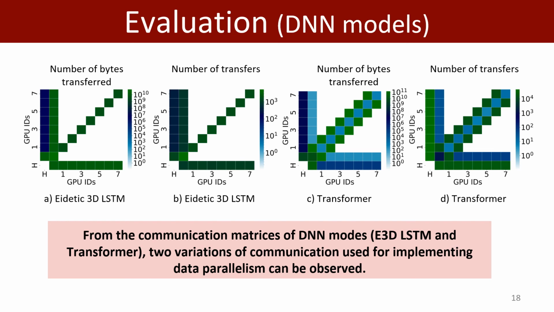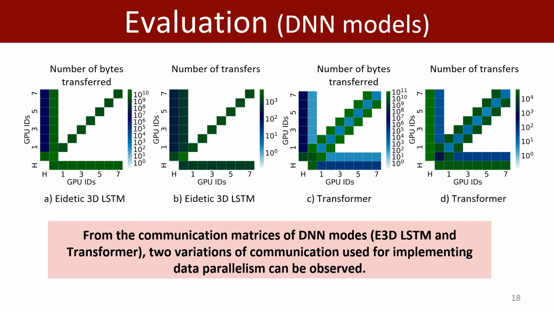And in the case of stochastic gradient descent, where the training is done in mini batches, the weights of the DNN need to be updated, and therefore there are multiple underlying implementations for the gradient exchange. From the communication matrices of these two models, two variations of communication used for implementing data parallelism can be observed.